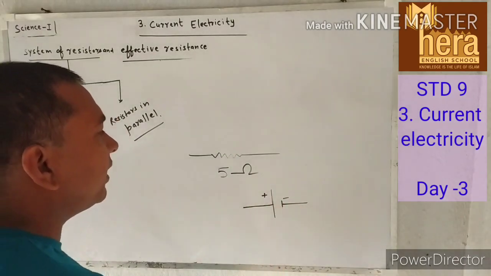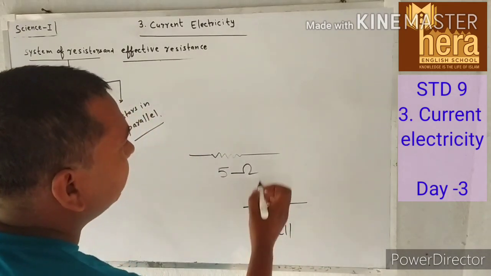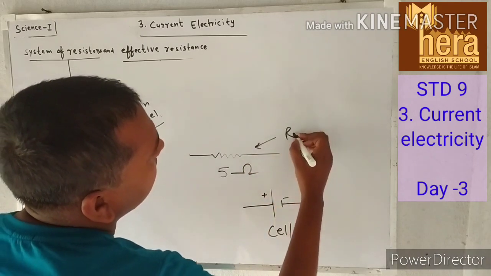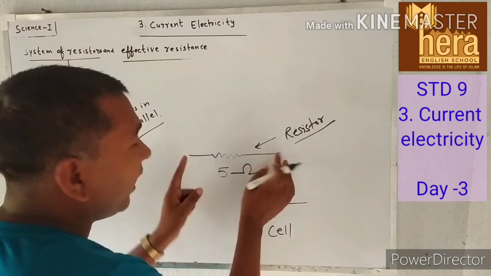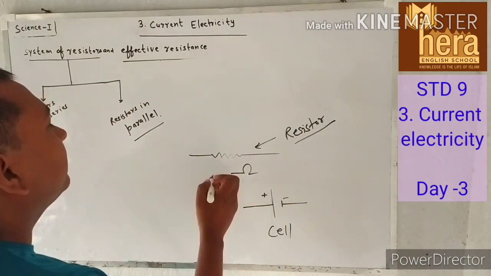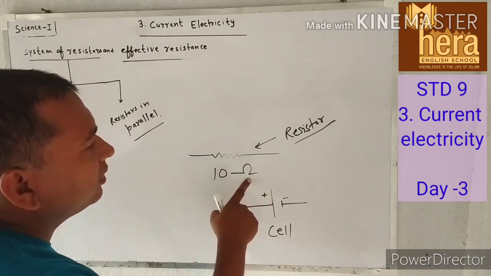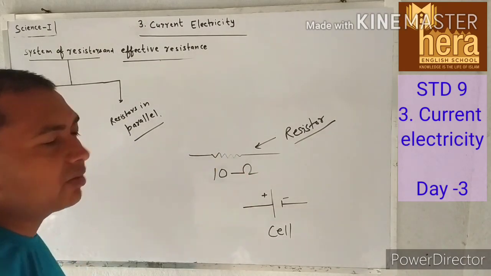This is the symbol of a cell, and this is the symbol of a resistor, having resistance 5 ohm, or maybe 10 ohm. Ohm is the SI unit of resistance.